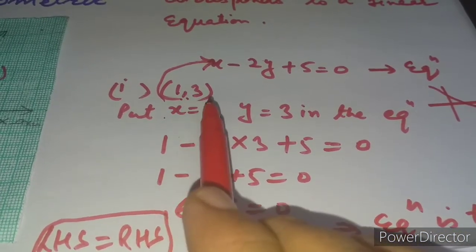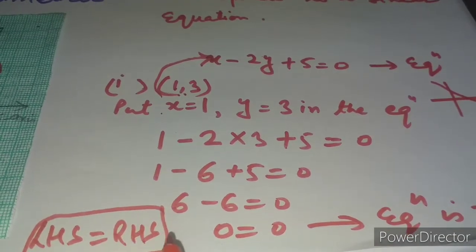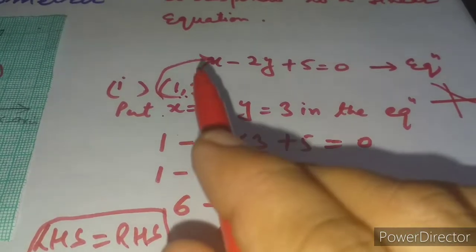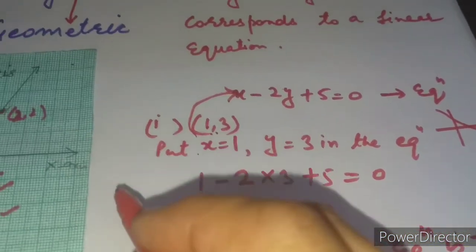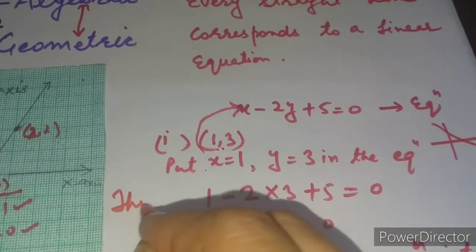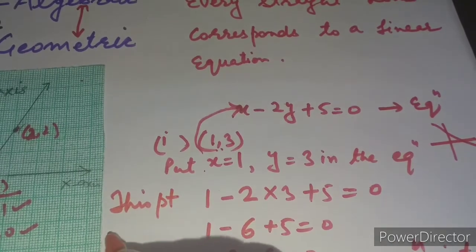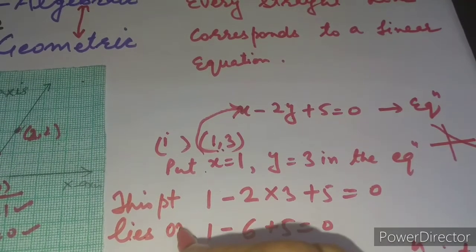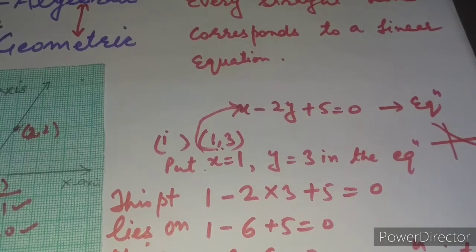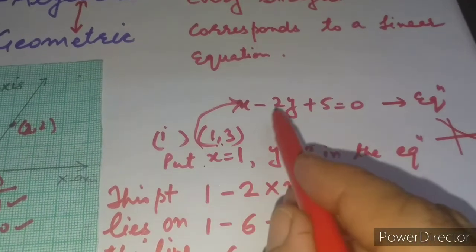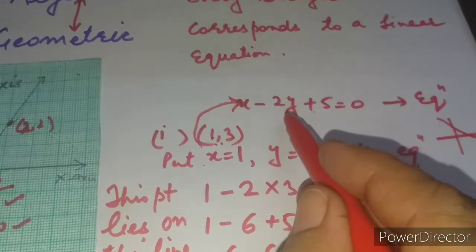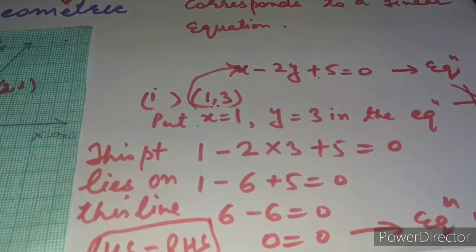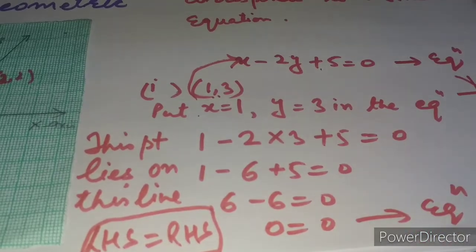Okay, it definitely means that because LHS equal to RHS, the equation is satisfied, therefore this point lies on this line. If this is so, then this point lies on this line. Okay, there was a point given, there was a line given, and the question was whether that point lies on this line or not. So, this is the way of checking.